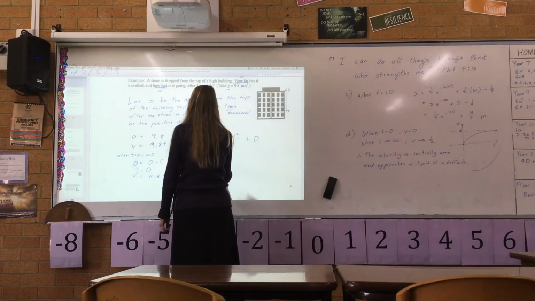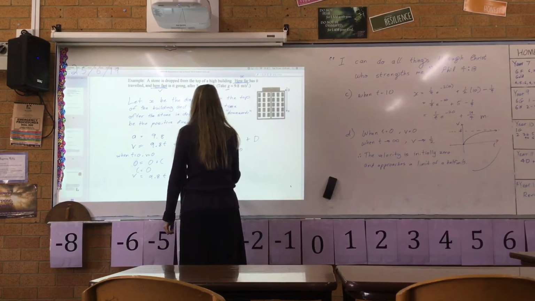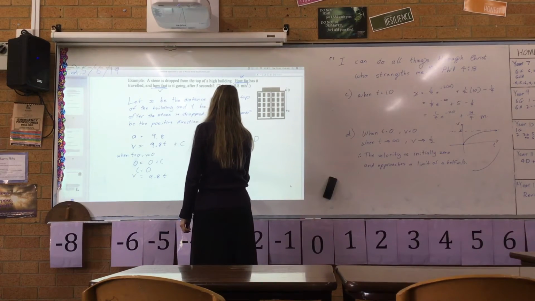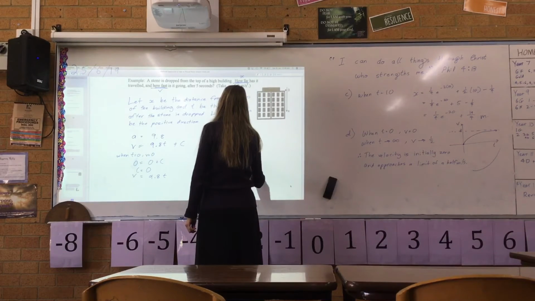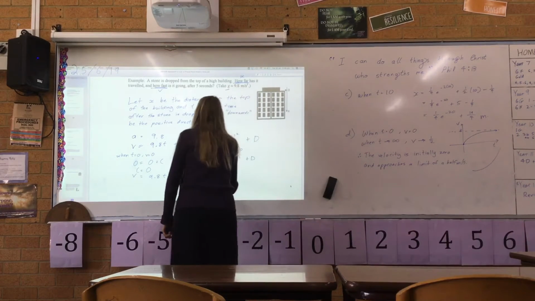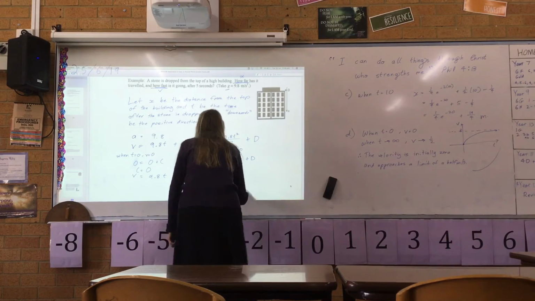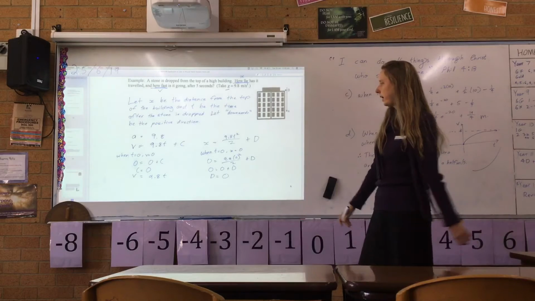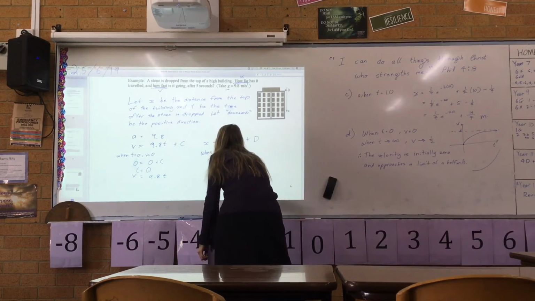So when t equals 0, x equals 0, so 0 equals 9.8 times 0 squared over 2 plus d. In other words, 0 equals 0 plus d, d equals 0. Hence the displacement is simply 9.8t squared over 2.